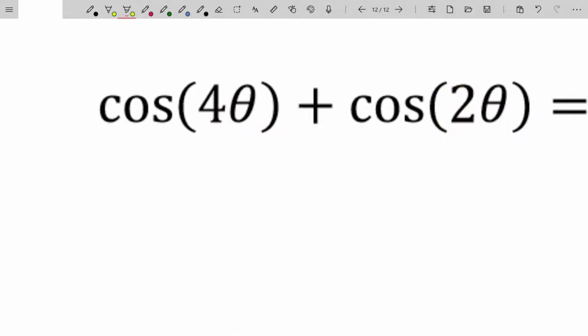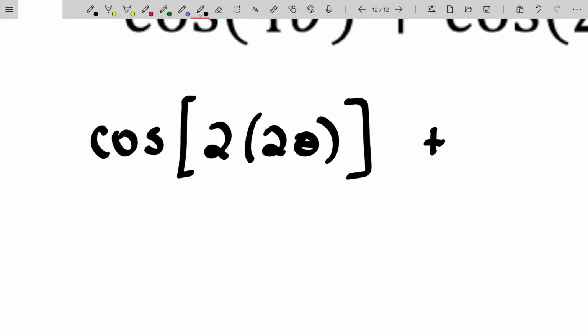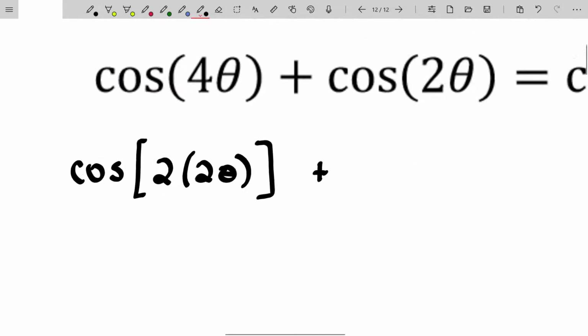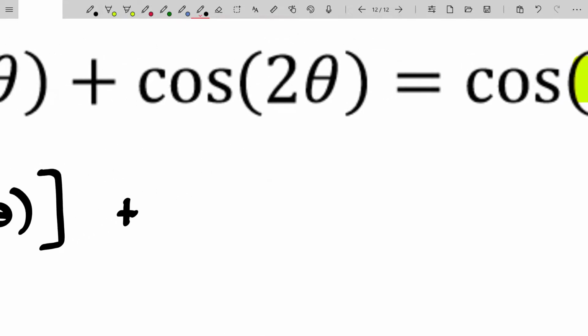So I'll start with the cosine of 4 theta there. And this is just an experiment because I'm not 100% sure that this will actually decrease in complexity by doing this. So notice what I just did. I wrote that's the cosine of twice an angle, essentially. And over on the second term, I happen to know what the cosine of 2 theta is.